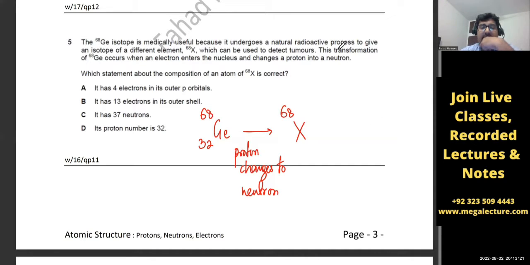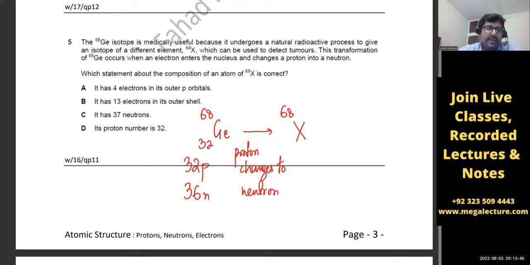This is what he clearly stated, that the transformation of germanium occurs when an electron enters the nucleus and changes a proton into a neutron. So let's do germanium first. How many protons has it got? It's got 32 protons, and how many neutrons? What's 68 minus 32? That's 36 neutrons, right?